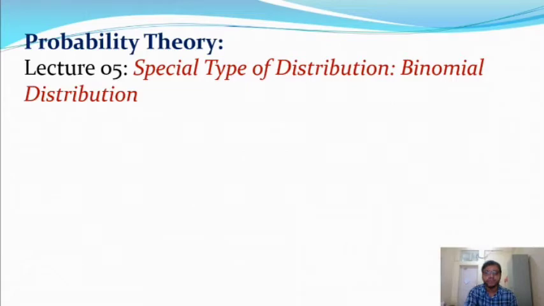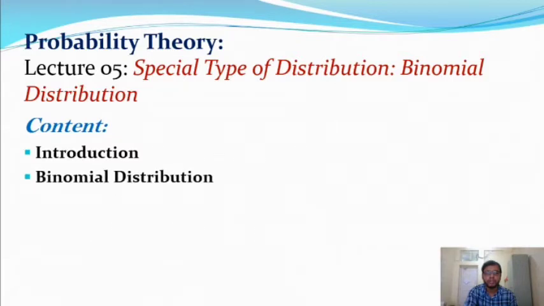Here is the content of today's lecture. First of all, we introduce the special types of distributions. After that we will talk about the binomial distribution, its definition and some properties.